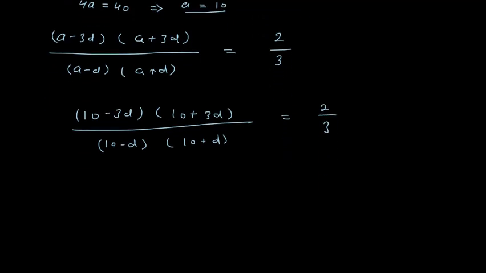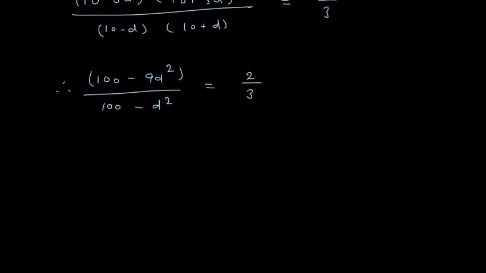So here we will get 100 minus 9d square divided by 100 minus d square, and this is 2 divided by 3. Cross multiplying, we get 300 minus 27d square is equal to 200 minus 2d square.